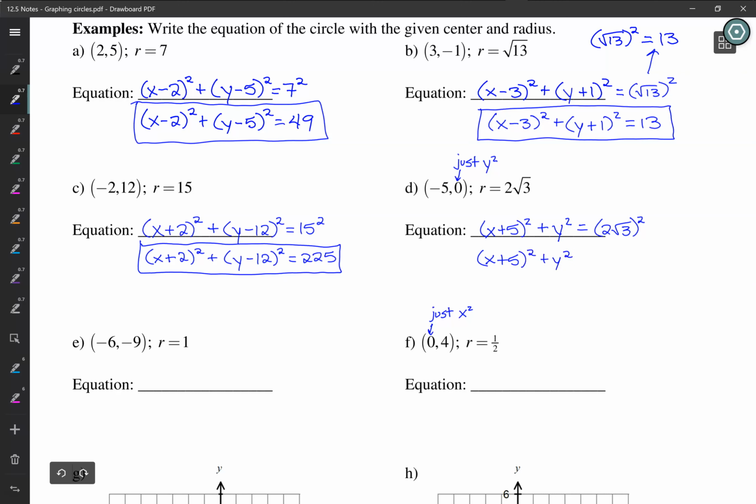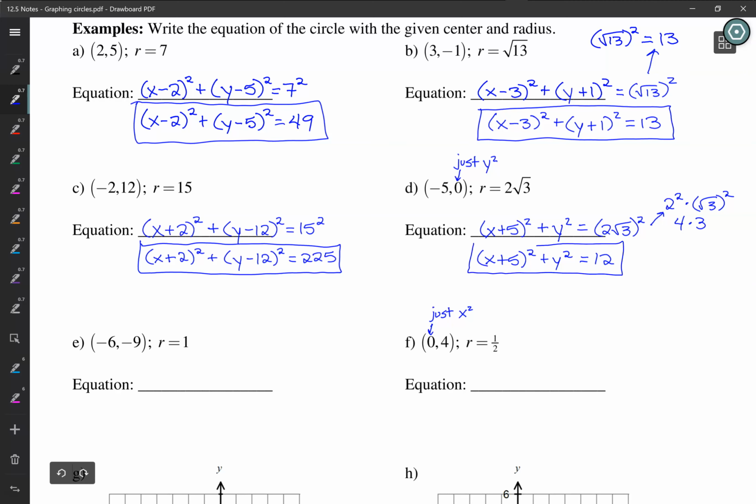Now when you're squaring this, you're not only squaring the square root of 3, you're also squaring the 2. 2 squared is 4. Square root of 3 squared is 3. And 4 times 3 is 12. So it's not 2 times 3, it's 4 times 3. So you get 12 there.